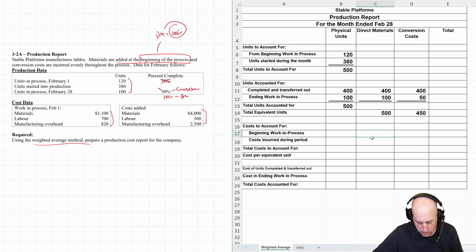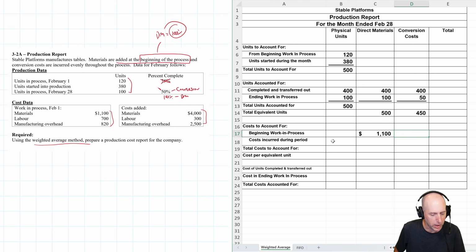Now we just use our cost data from the question. Materials, 1,100 in beginning WIP, February 1st. Labor and overhead, 700 and 820. That's 1,520 in labor and overhead. Conversion, of course, is labor plus overhead. Cost incurred during the month, materials 4,000.